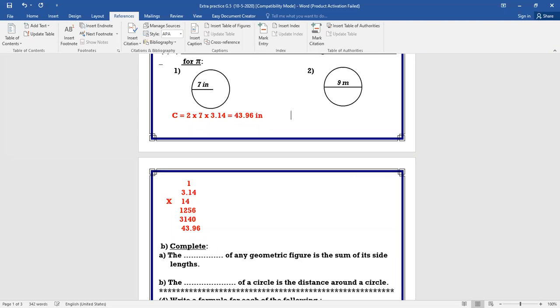Thank you, Yasin. Okay, the next one. In this circle, we have a diameter of 9. C equals 9 multiplied by 3.14.